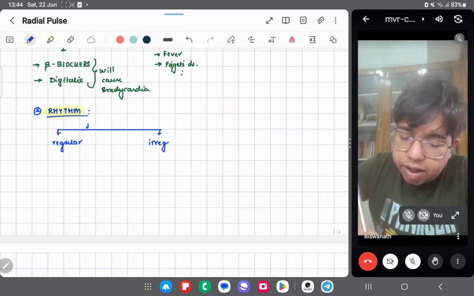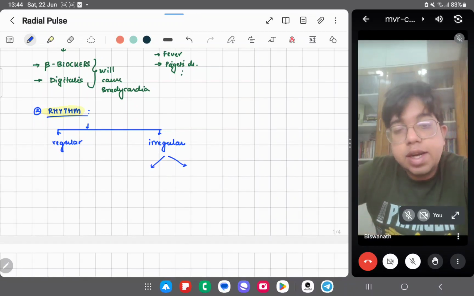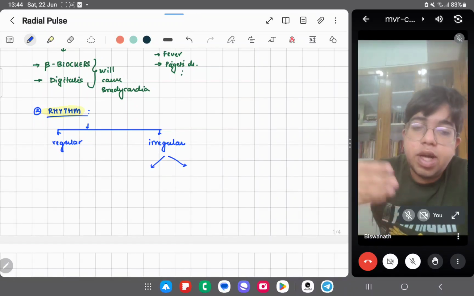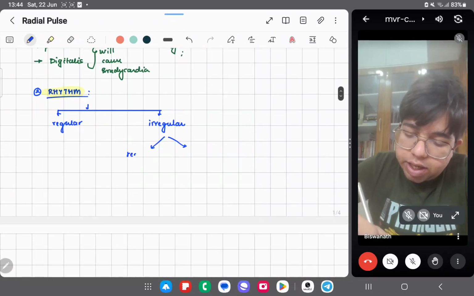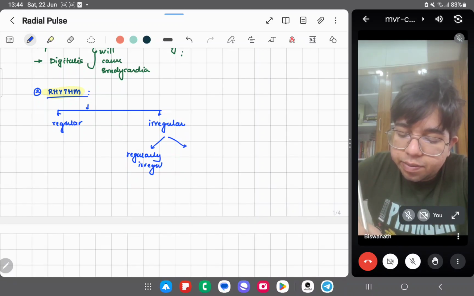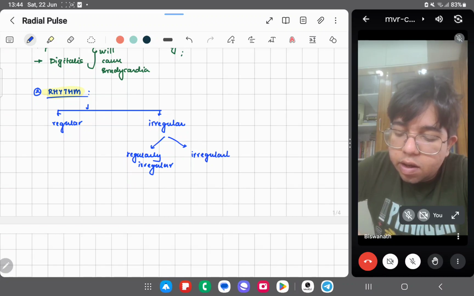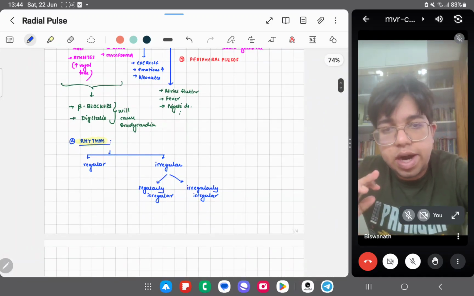And irregular. Then we have two other differentiations also, regularly irregular or irregularly irregular. You write these just for completion's sake.